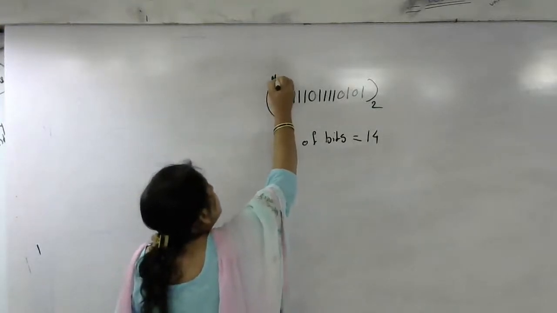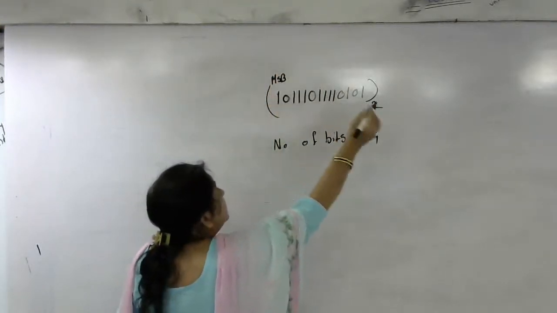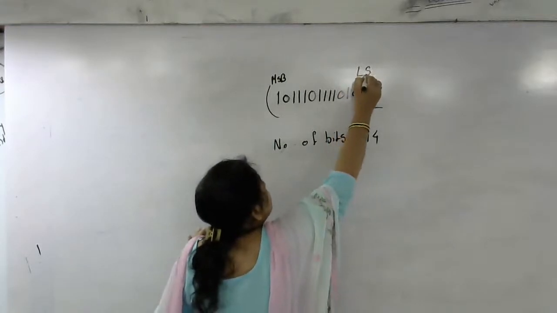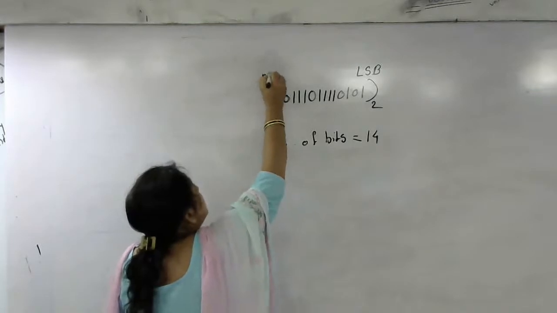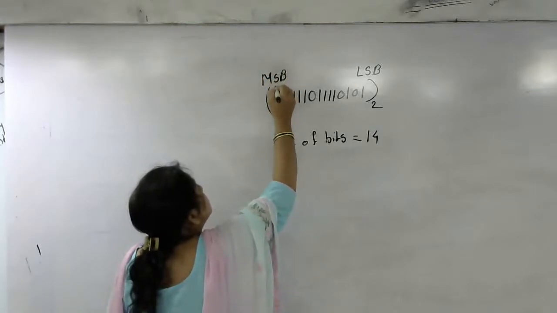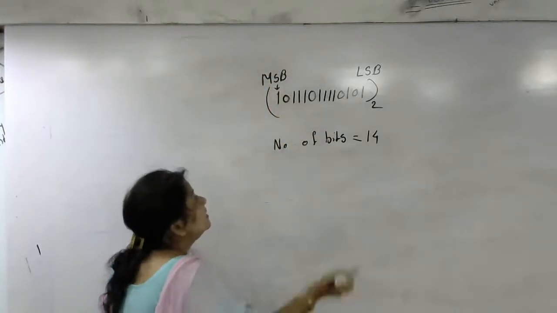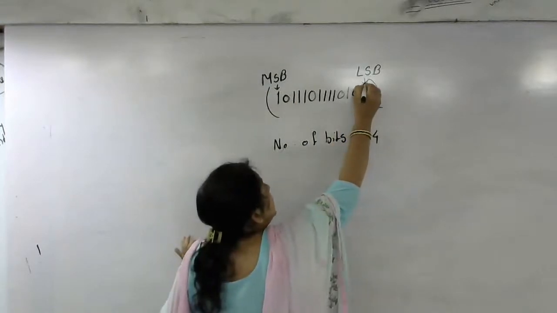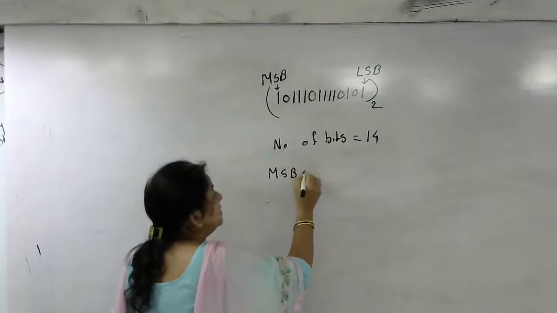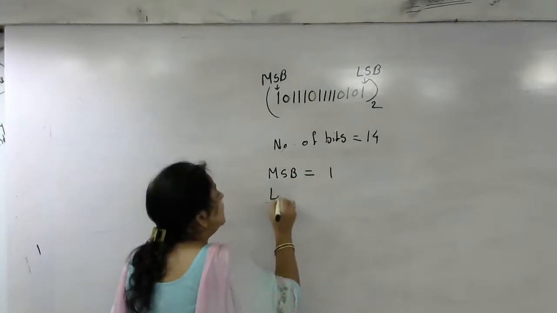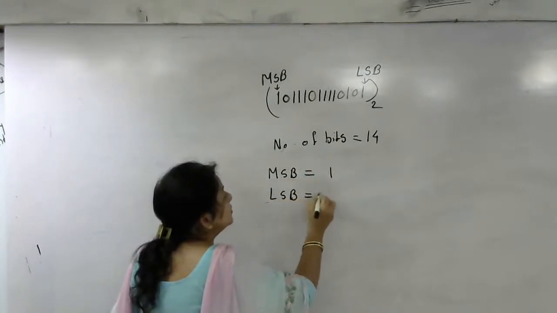Here the place of most significant bit, here the place of least significant bit. This is your MSB. And this is your LSB. So MSB, most significant bit is 1 and LSB also 1.